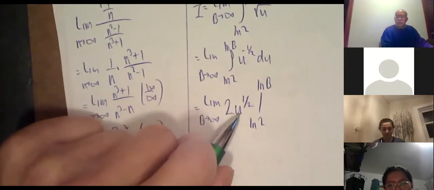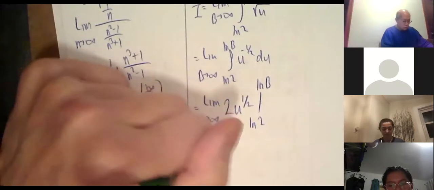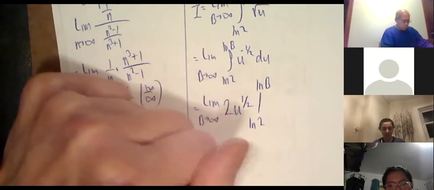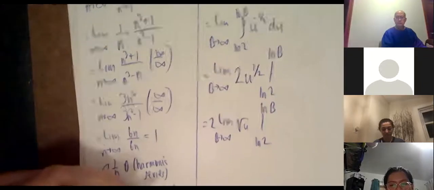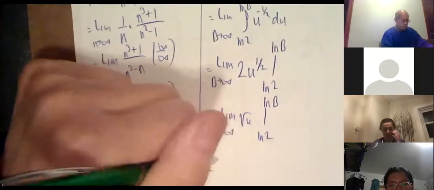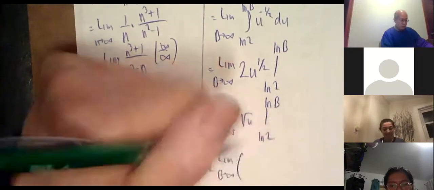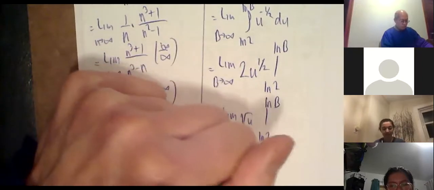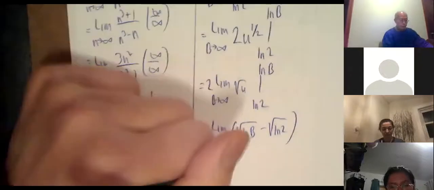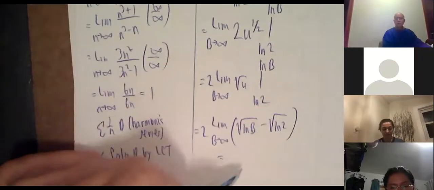So 2 times the limit as b approaches infinity of radical u from ln 2 to ln b, which is 2 times the limit of the square root of ln b minus the square root of ln 2.